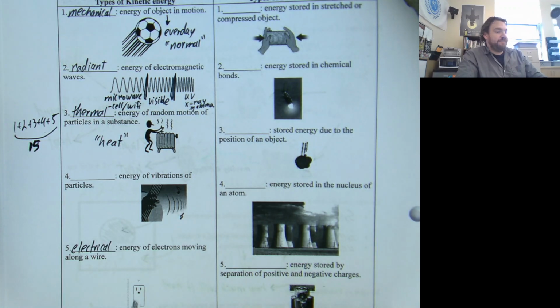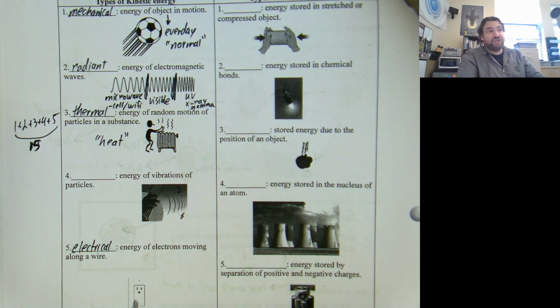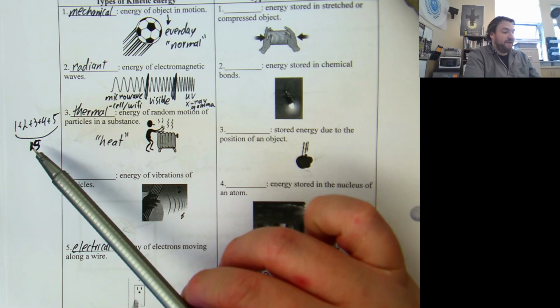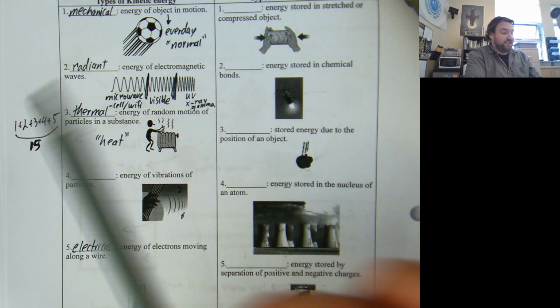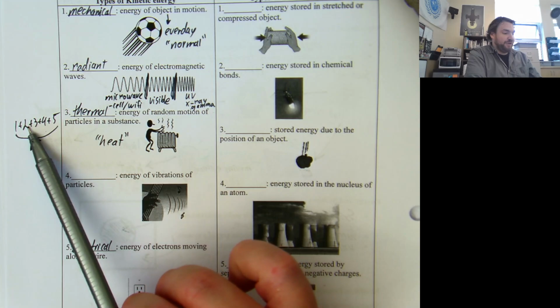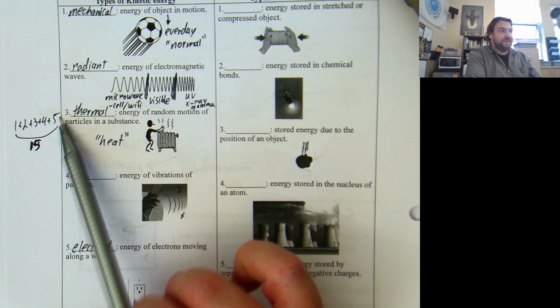Thermal is just the sum. Heat is the average. So to find the average, what do you have to do to the things you just added up? Divide by the number of things you added up. So what is the average of 1, 2, 3, 4, and 5? The sum of them, 1 plus 2 is 3, plus 3 is 6, plus 4 is 10, plus 5 is 15.